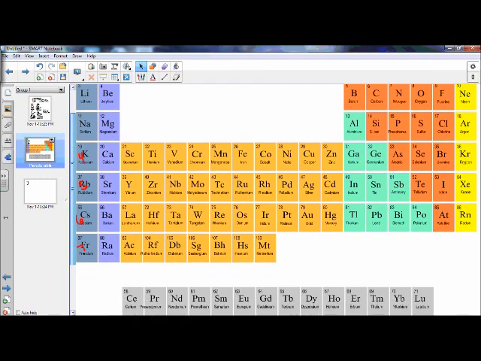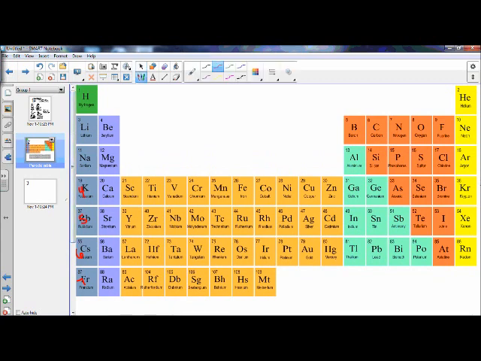So elements on this row have all of their electrons on level 1. Elements on this row have electrons in level 1 and level 2. All the elements in the third row have electrons on levels 1, 2 and 3.